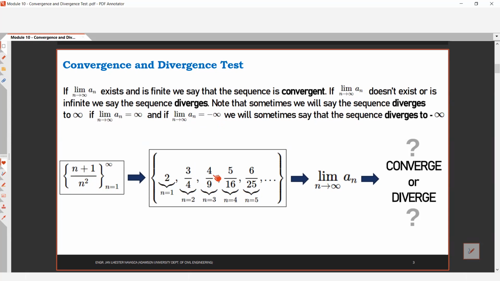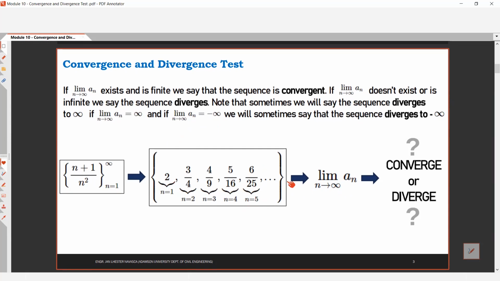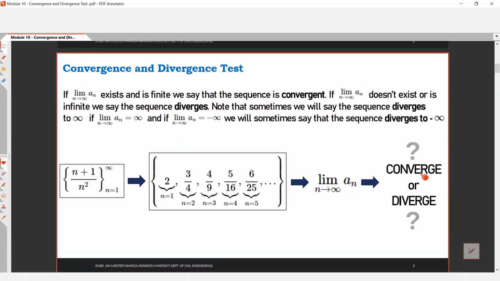Next is 4/9. Next is 5 over 16. Next is 6 over 25, from n equals 1, 2, 3, 4, 5, and so on. Taking the limit of this series, the limit of a sub n as n approaches infinity.